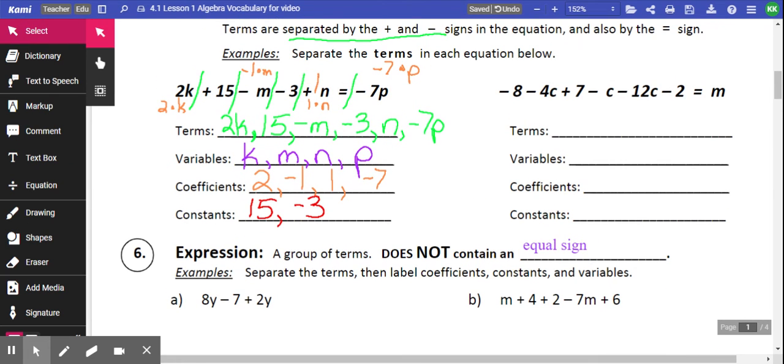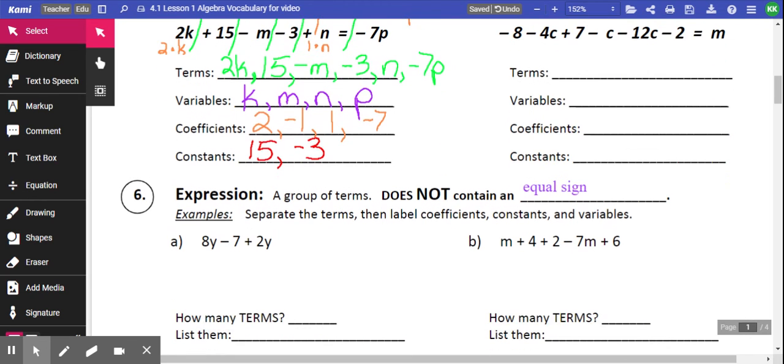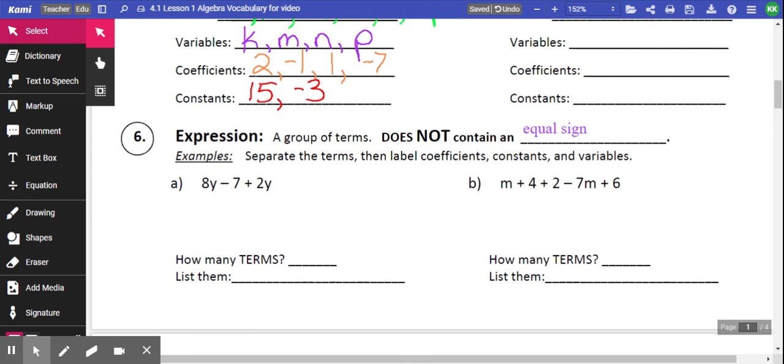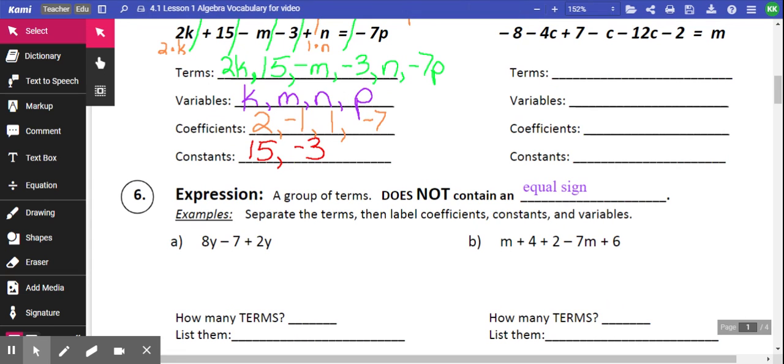So it's exactly the same thing we did up here with these equations that had an equal sign. It just isn't an equation because it doesn't have the equal sign. So do the same thing that we did here.